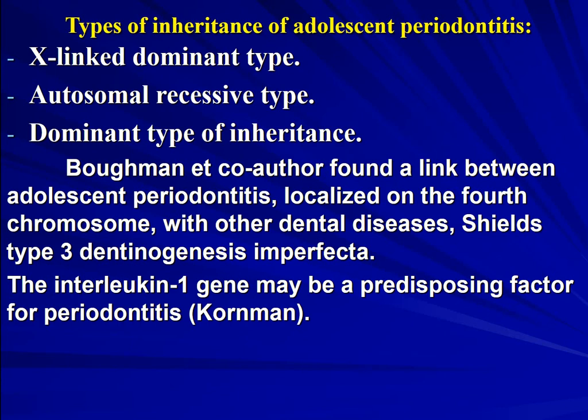Type of inheritance of adolescent periodontitis: X-linked dominant type, autosomal recessive type, autosomal dominant type of inheritance.